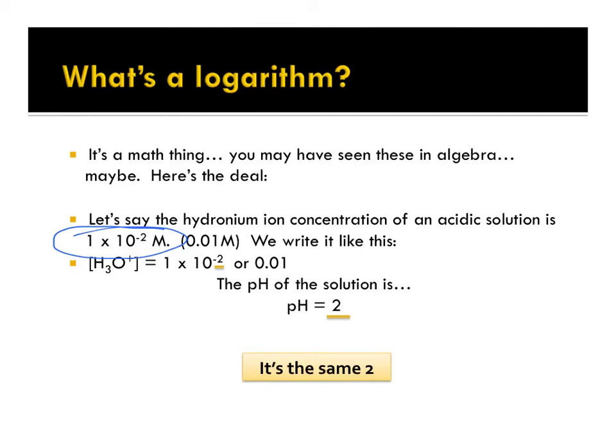If you have a 1 here and this exponent is a whole number, well, it's really easy. pH is just that whole number. It's just 2. So 1 times 10 to the negative second of H plus ions would give us a pH of 2. That's where they're easy, when we have 1 times 10 to a whole number.